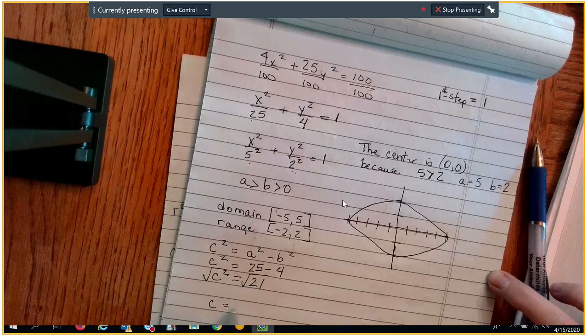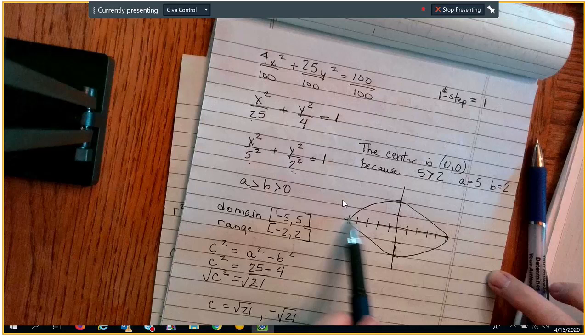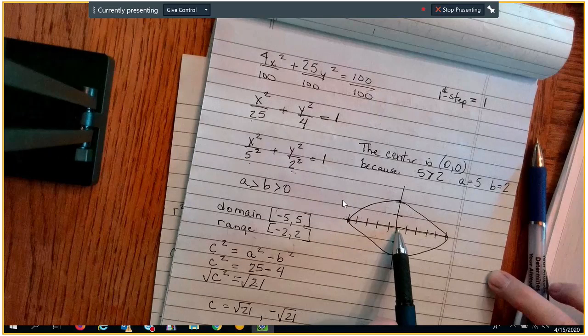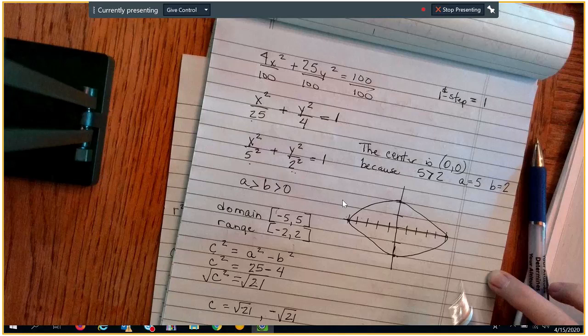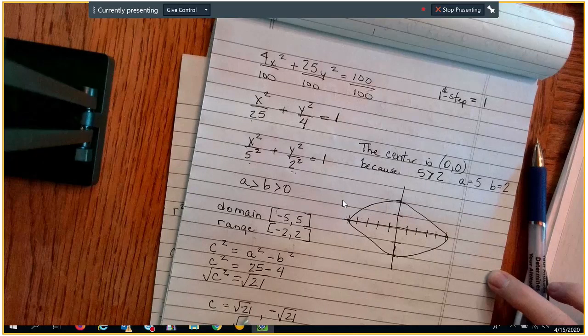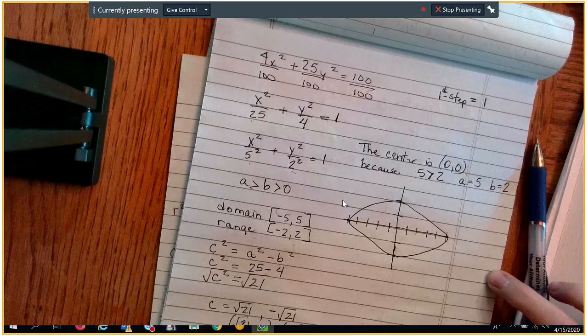So c is going to equal the square root of 21 and the negative square root of 21. Now, because I know the foci are going to be here, my x is going to equal this and my y is going to stay at 0 because I'm not going anywhere up and down on the y-axis. So I have the points square root of 21, 0, and negative square root of 21, 0.